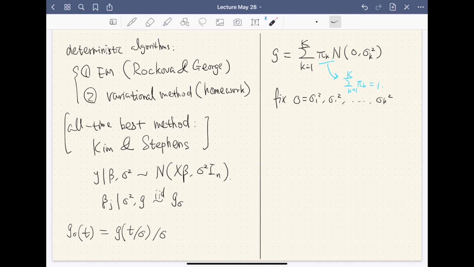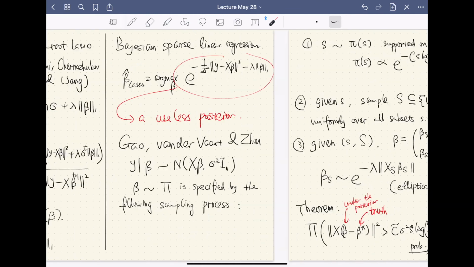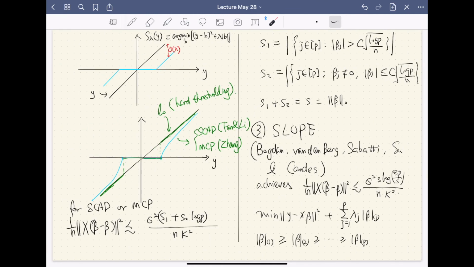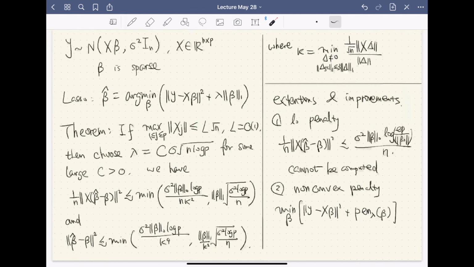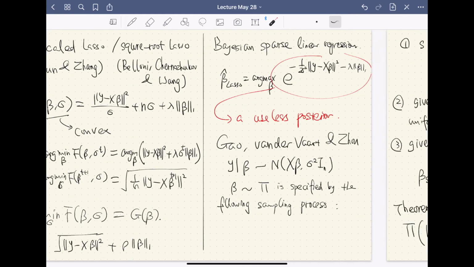They show that by choosing different pi's, the corresponding shrinkage operator of this prior distribution can not only mimic the spike and slab prior, but can also mimic, for example, the lasso penalty, the L1 penalty, the MCP penalty, the SCAD penalty, elastic net that I didn't talk about, and many other penalty functions.